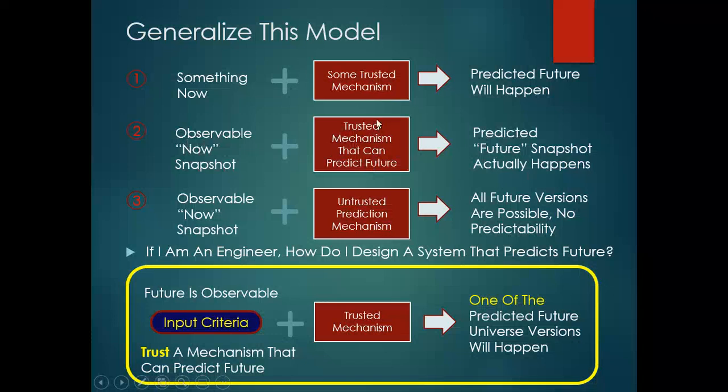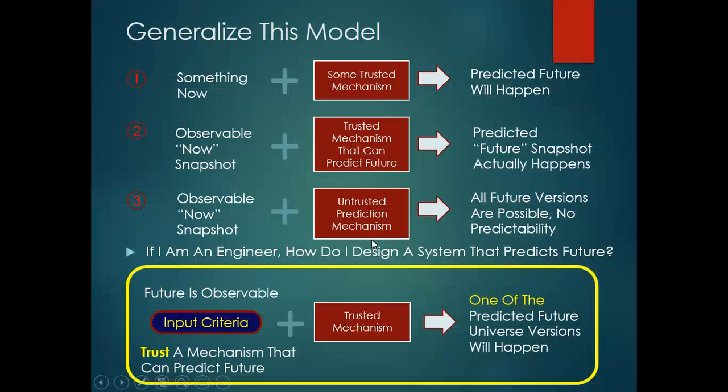There's some kind of mechanism that we shove the now through, and some kind of snapshot will happen in the future that will ultimately occur. And on the contrary, if I shove the same now snapshot into some untrusted prediction system, any future version is possible. No predictability. I think so far, so good.